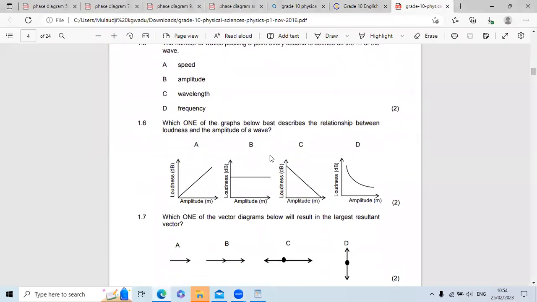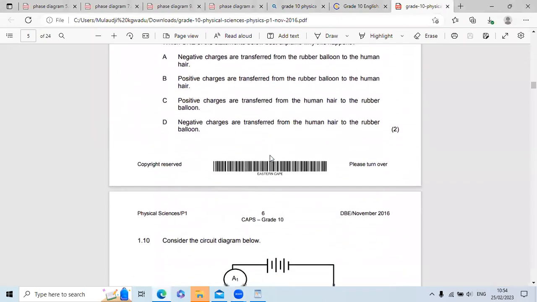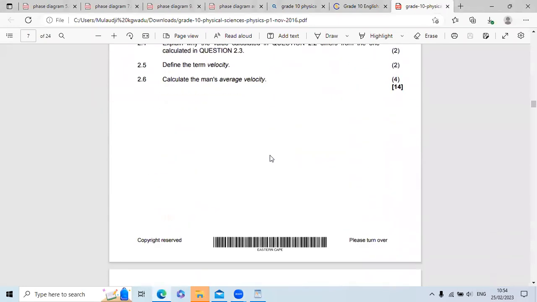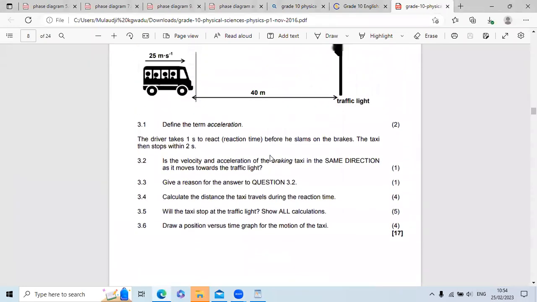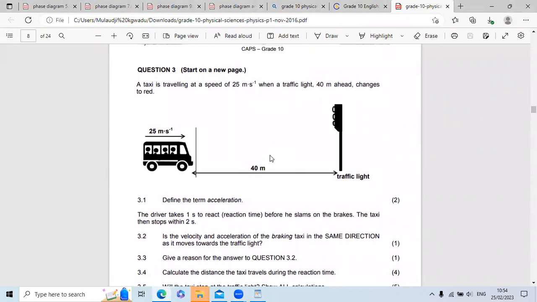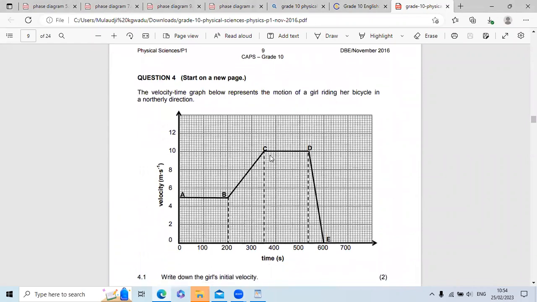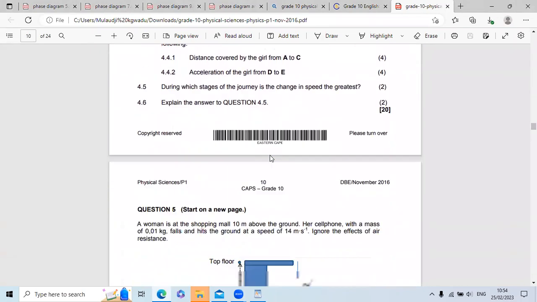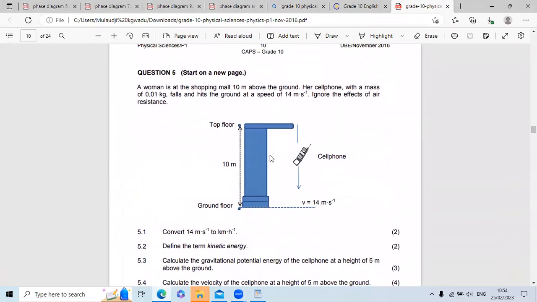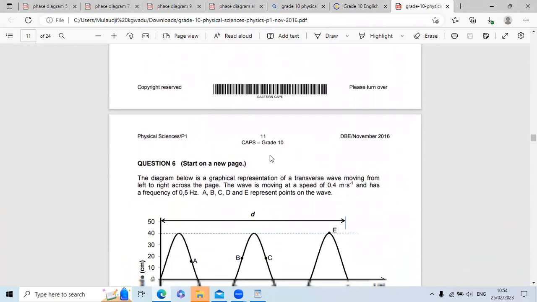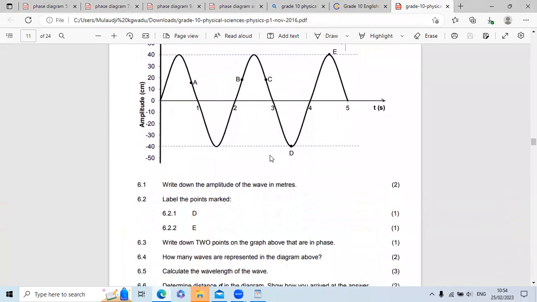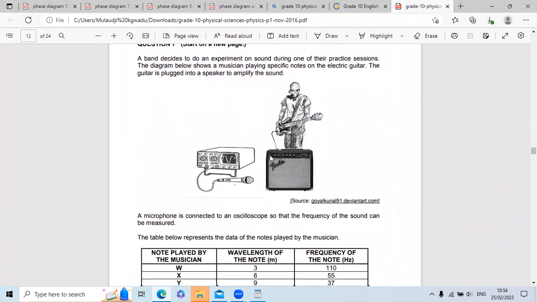So I'm just gonna scroll through and see if there are questions based on what we're doing. Oh, no. Actually, Koto, can I ask you, how many questions have you done on longitudinal waves?